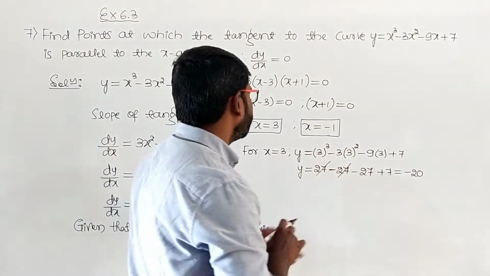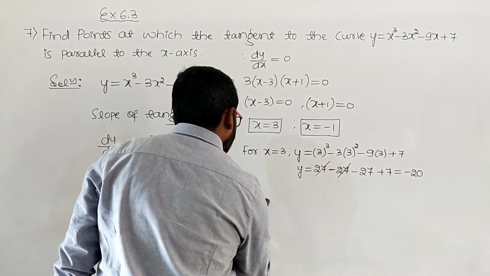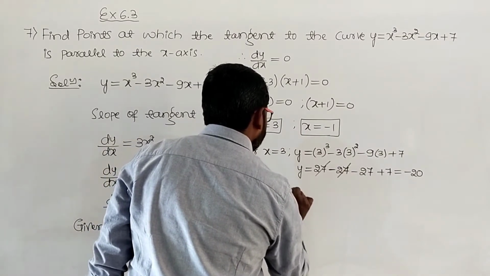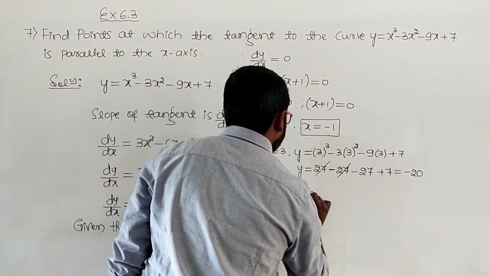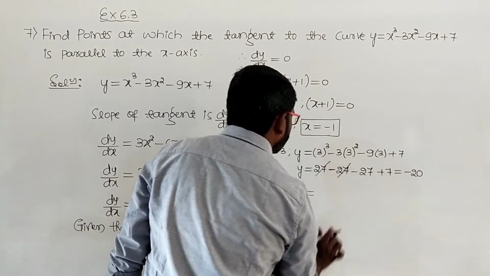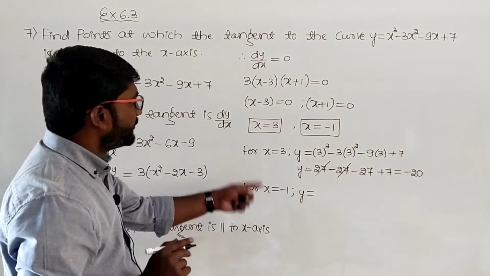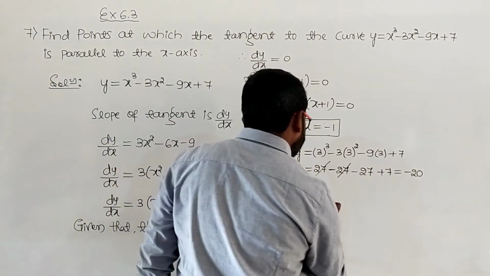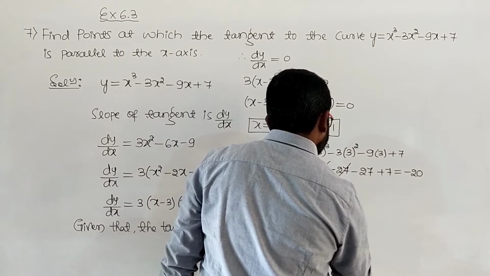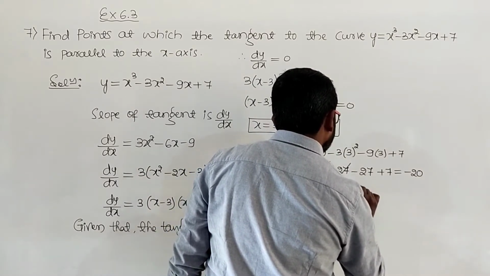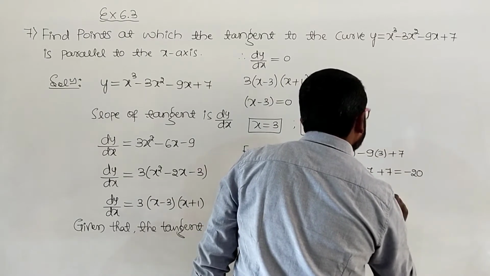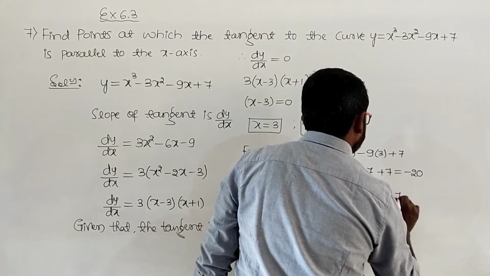Now we will have to take up the second case. For x equal to minus 1, what value y takes, that we will have to find. So substitute minus 1 in the given equation: minus 1 cube, then minus 3 into minus 1 the whole square, then minus 9 into minus 1 plus 7.